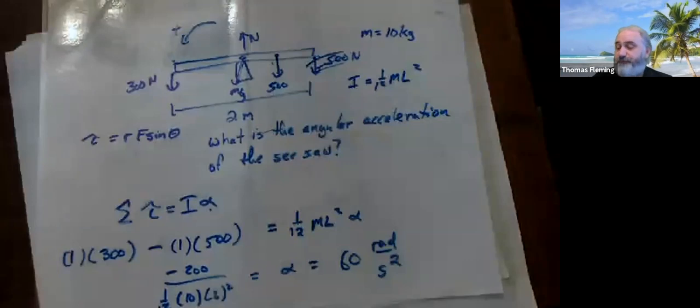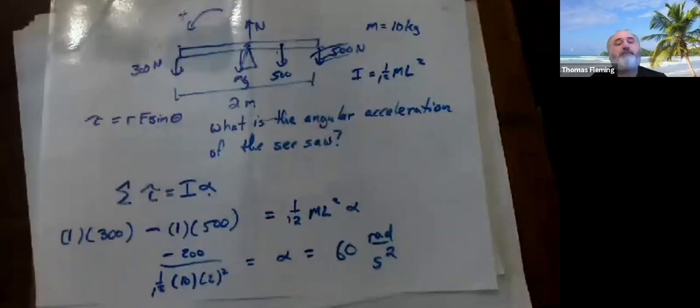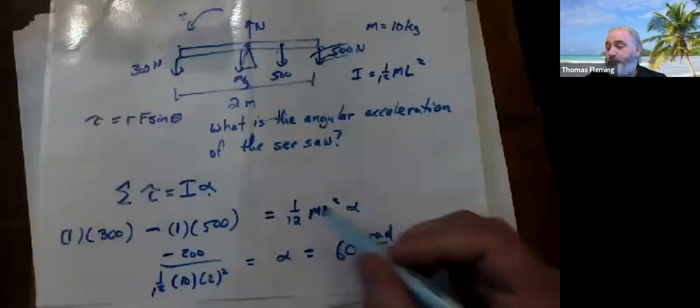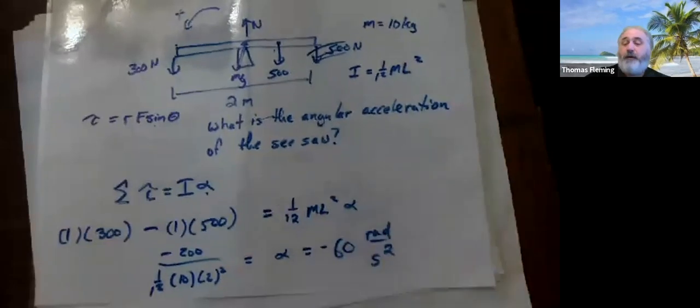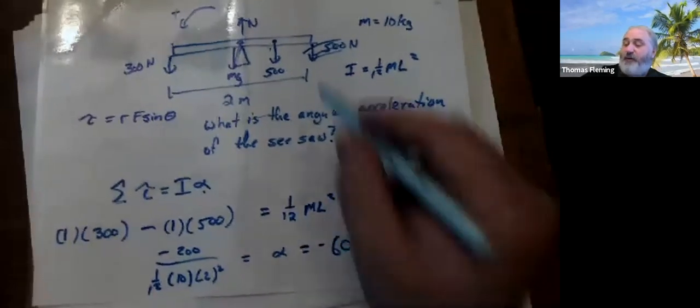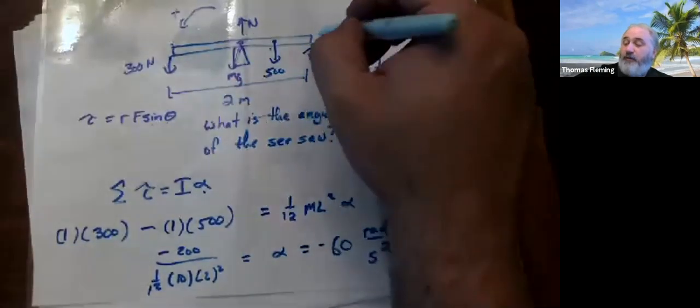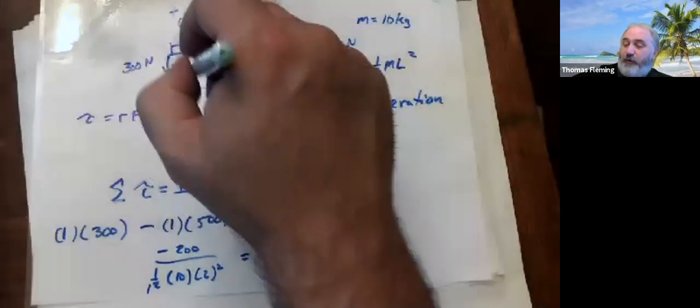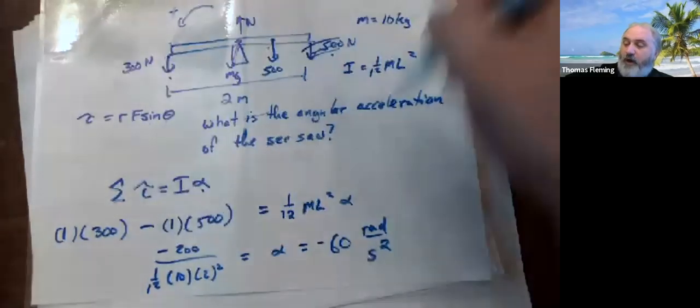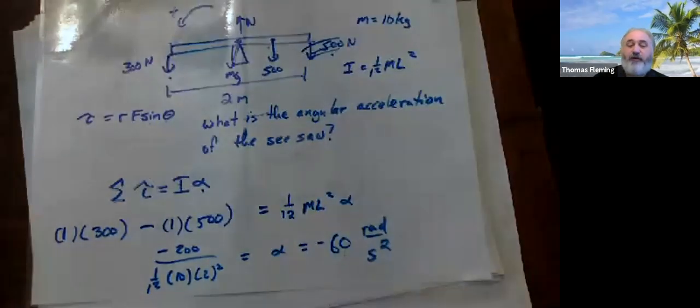What would change? This was, by the way, negative. So in this case here, the negative tells me it's going to go in the negative direction. So the big kid sitting here and the small kid sitting here is going to rotate in a clockwise direction at 60 radians per second squared.